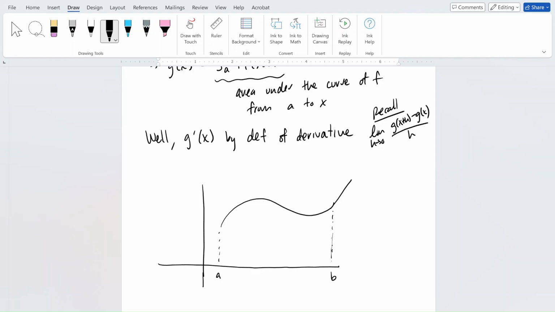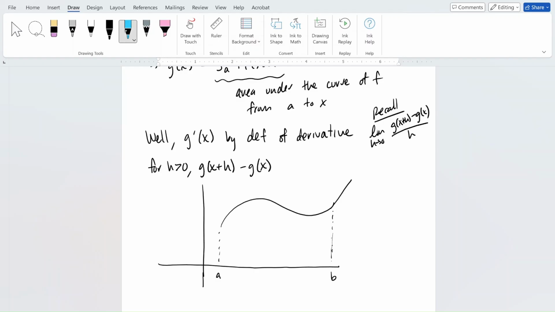So for an h value greater than 0, what is g of x plus h minus g of x? That's the numerator of the definition of derivative.